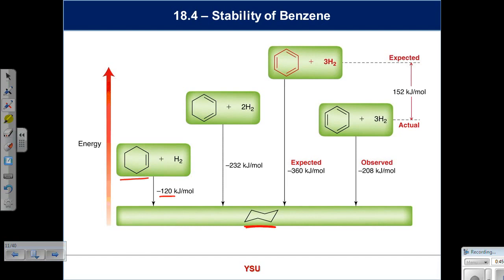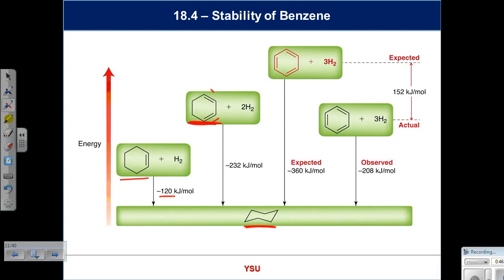If you then went to 2 alkenes, if you didn't know anything about conjugation, you might say, okay, one of these things is worth 120, so 2 of them should be worth 240, right? And you don't get that number. You get less than 240. In other words, this is a bit more stable than if these two were isolated double bonds. So what's the difference? Where's the difference in the energy? That's the conjugation energy, right? That's the benefit you get from being conjugated.